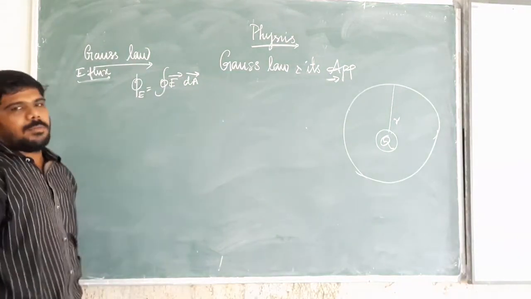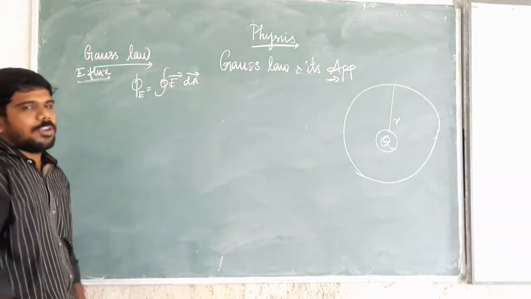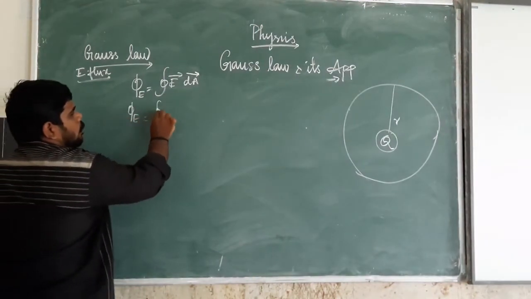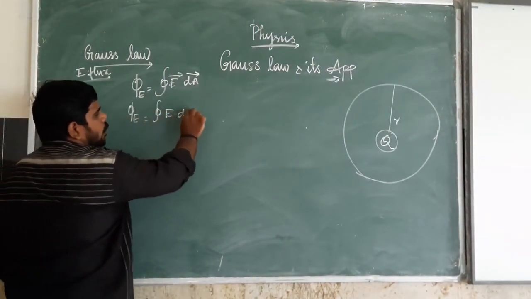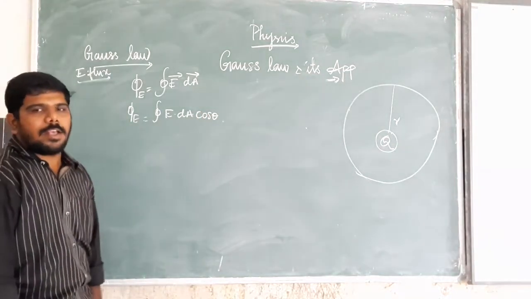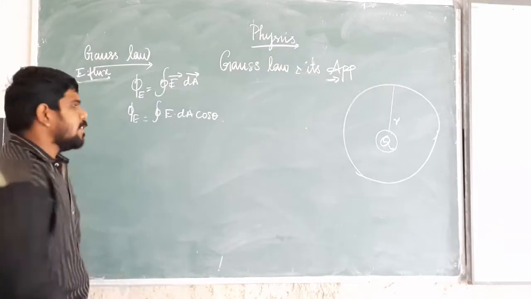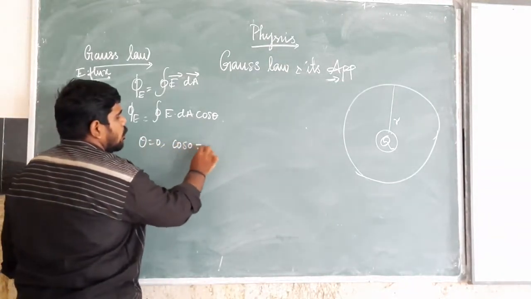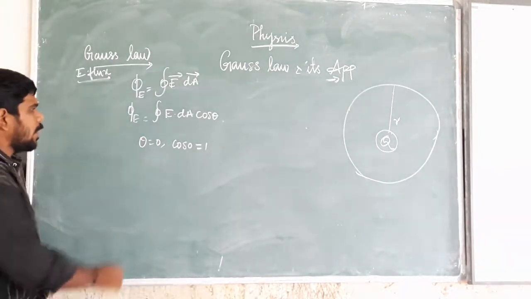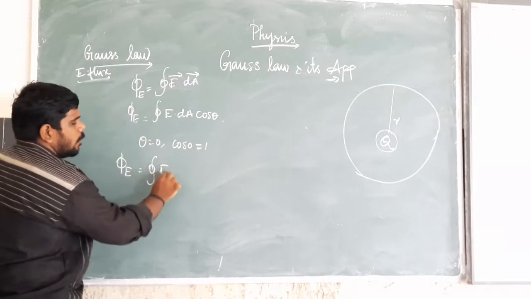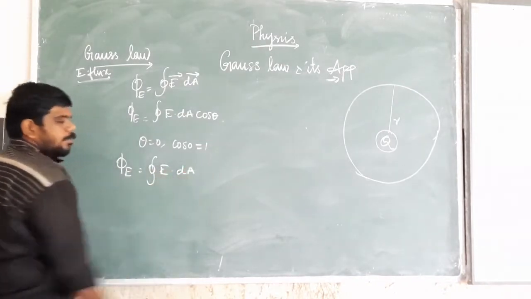If you remove the vector form, you get an angle component, so phi of E is equal to the closed integral of E into dA cos theta. Because it's a closed surface, theta is equal to 0, so cos 0 is equal to 1. So phi of E is equal to the closed integral of E into dA.